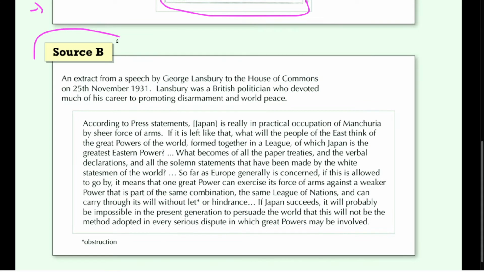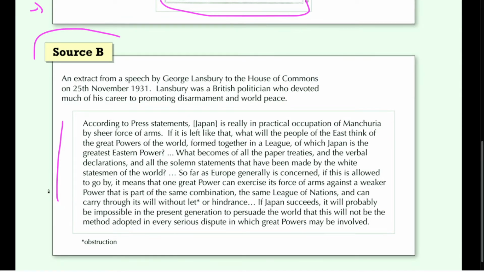Source B is an extract from a speech by George Lansbury to the House of Commons on 25th November 1931. Lansbury was a British politician who devoted much of his career to promoting disarmament and world peace. I mean, gun control and peace, right? So let's read his speech.